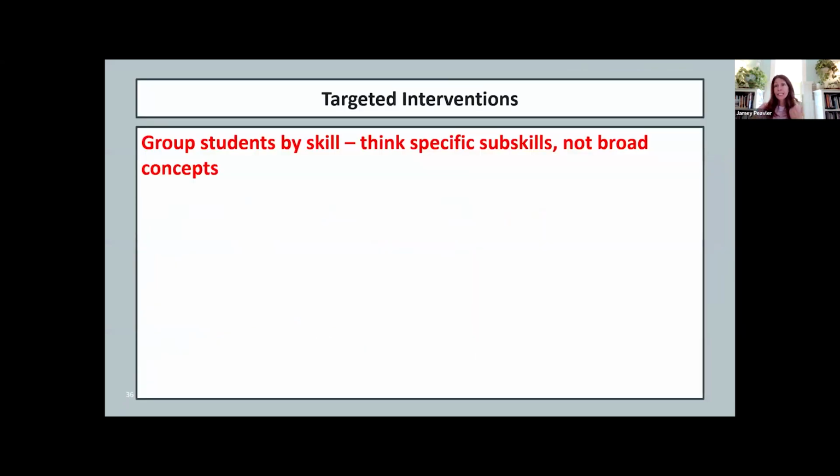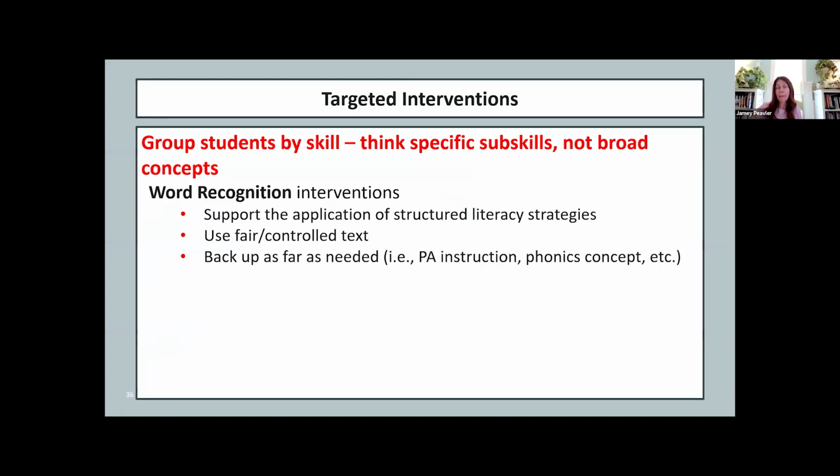When we want to do an intense intervention, we again have to drill down to specific skills. So when we think about the skills and the sub-skills, a couple of key ideas to keep in mind is separating word recognition and language comprehension. So if I have a student or a group of students that I have pinpointed specific word recognition challenges, I need to think about how I'm going to support that.